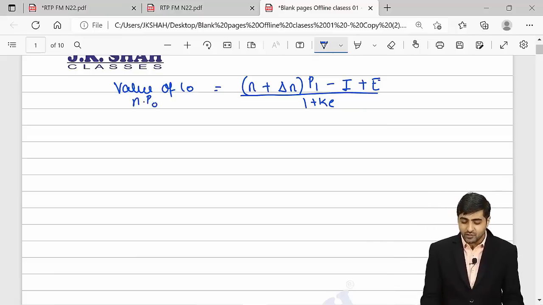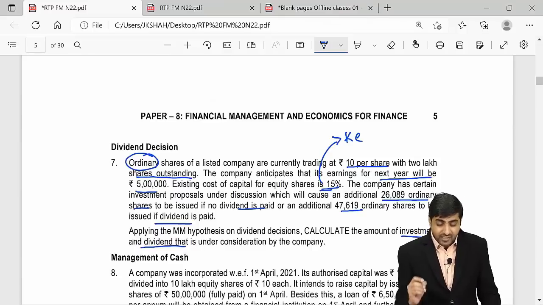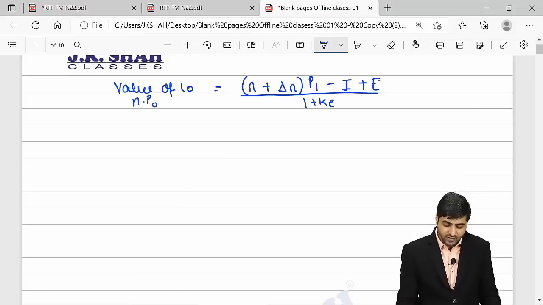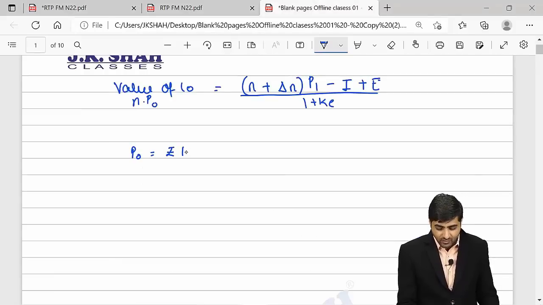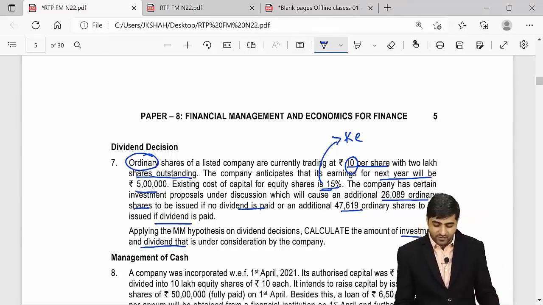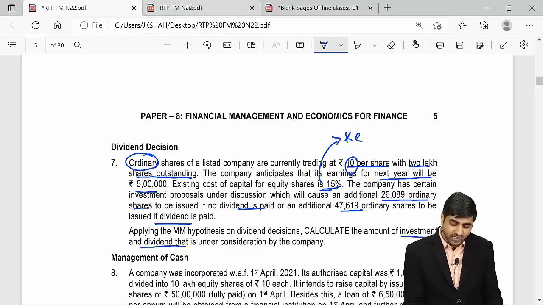So in this particular question now, the data which is available to you is P0. Okay, so first we should write down the data which is available. P0 is available, which is nothing but rupees 10 per share. After this you have the existing number of equity shares, they have told you that there are 2 lakh shares outstanding.